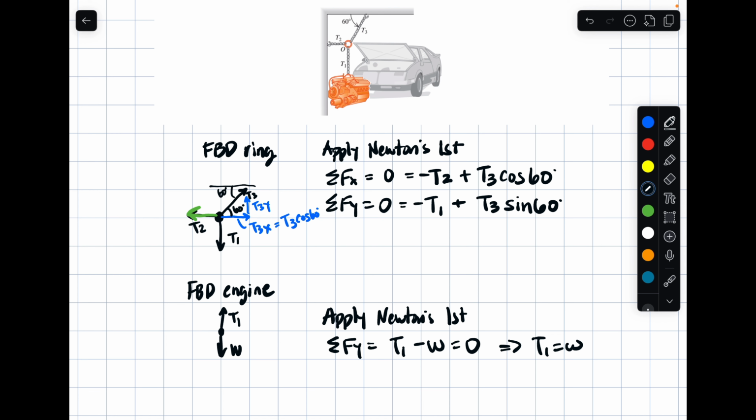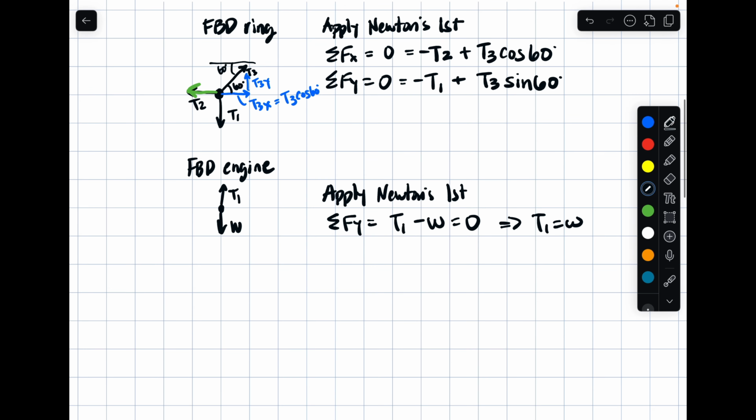And now we can plug that into our previous Newton's first law equations that we built for the ring and eliminate an unknown. So I'm going to label these equations 1, 2, and 3. And so I'm going to take 3 and insert into 2.